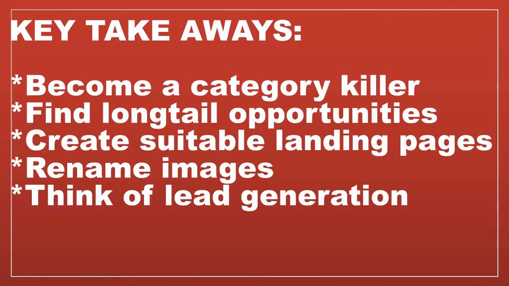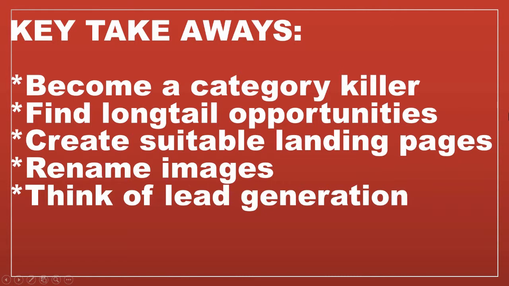Right, so what are the key takeaways here? We want to become a category killer, which basically means that we're going to cover as much content as possible for our category so that we stand out as a content authority. In order to do this, we're going to find all the long tail opportunities.